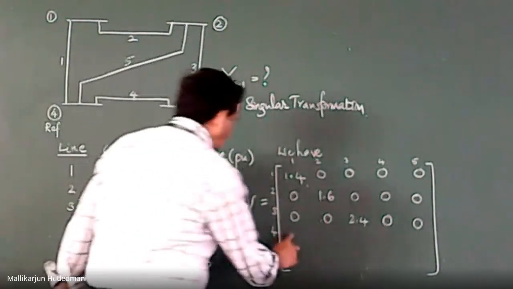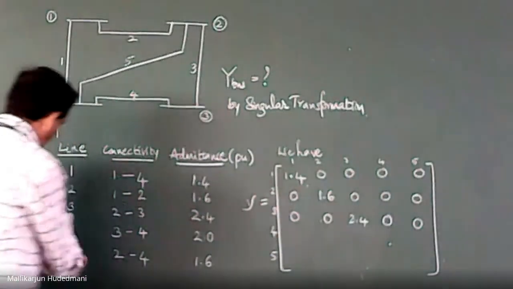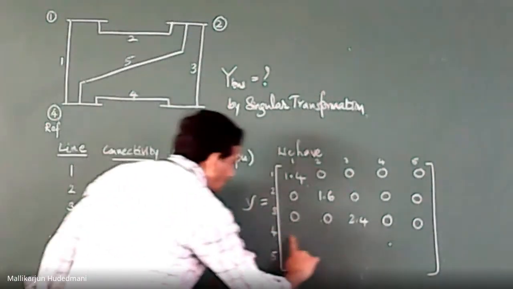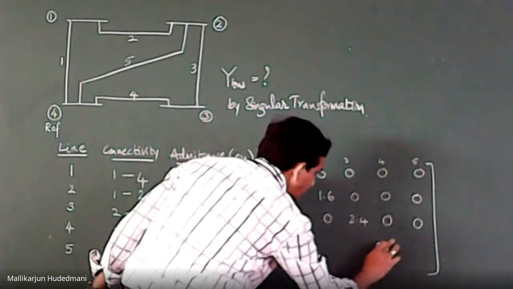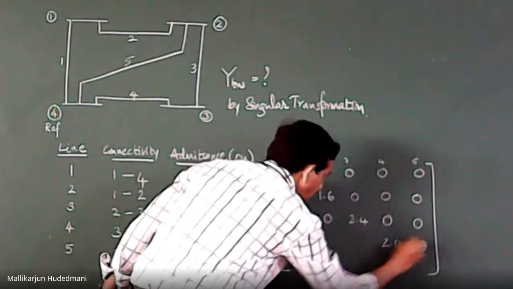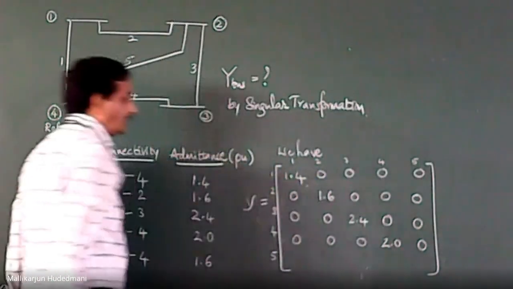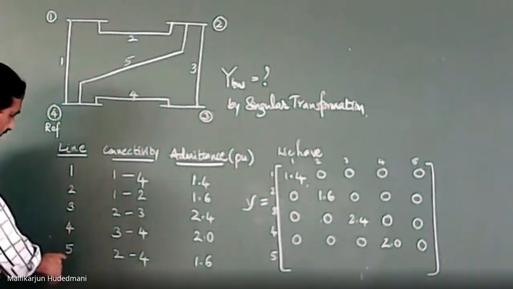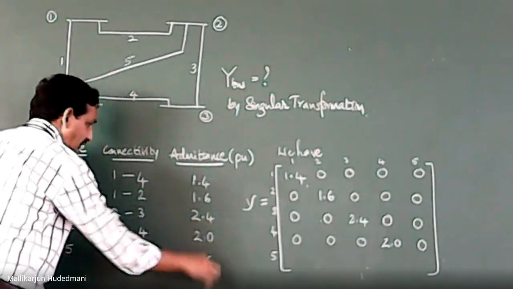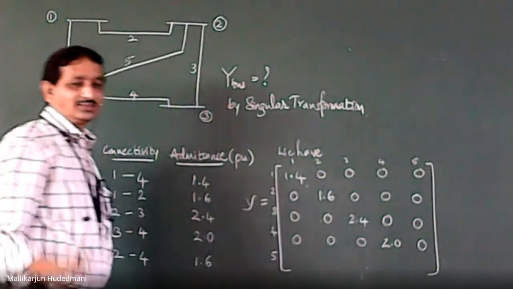Then 4 cross 4. I am waiting for this element. Element number 4 is 2. So I position 4 cross 4 as 2.0. 0 over here, 0 over here, 0 over here, 0. How about the fifth element? 1.6. No matter whatever the data given, if it is an admittance, it must fall on the diagonal unless there is a mutual coupling.